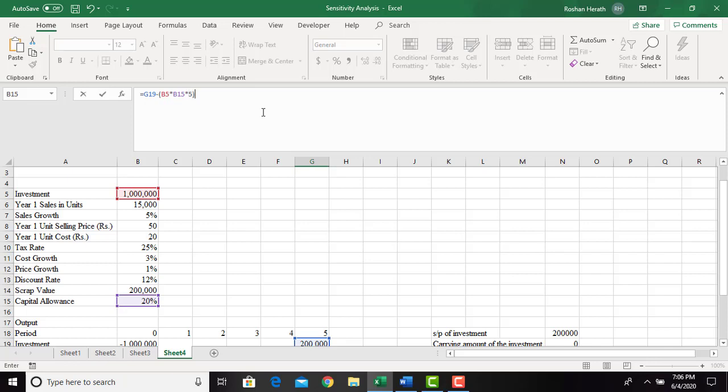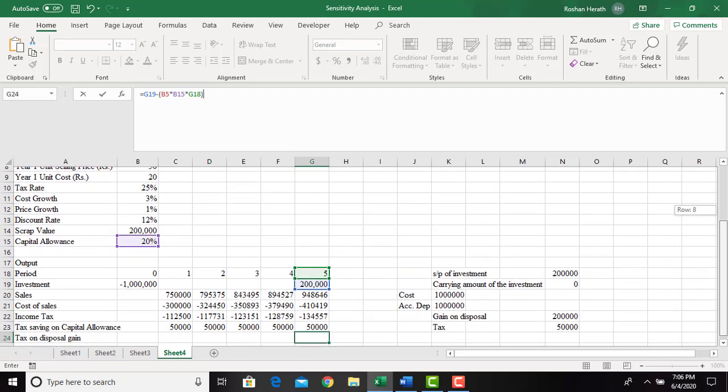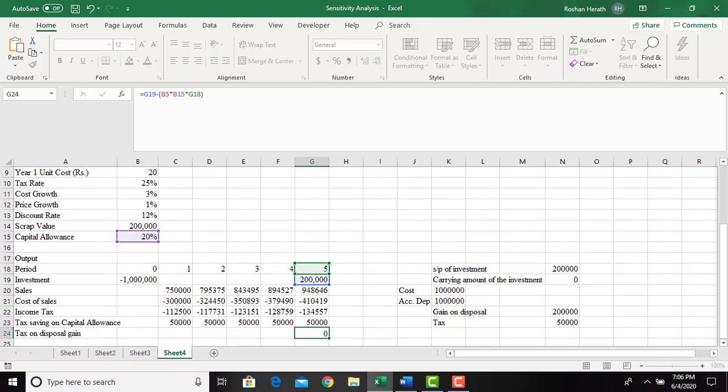So that is 5 years gone. So you can make it a reference here, you can make it 5. So once you get that, you can see that it is supposed to get 200,000 over there.